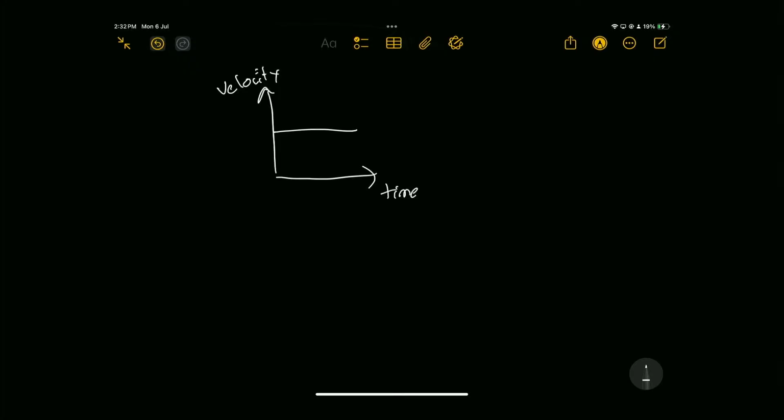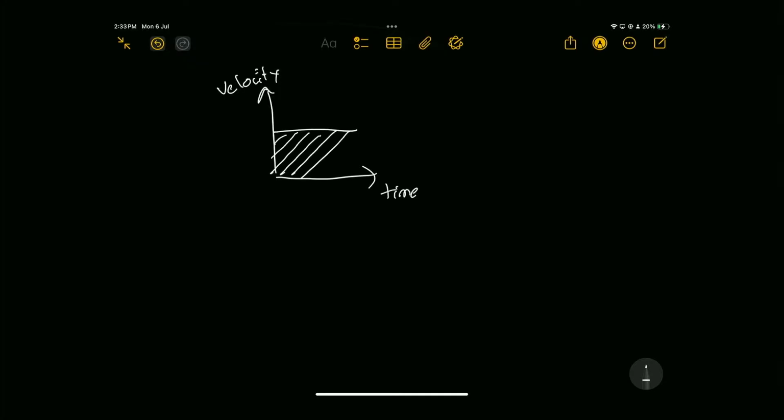Now, how do we determine how far the object has moved? In this graph, is the object moving and how far has it moved? How do we determine how far it moved? Right, the area under the graph gives the displacement.